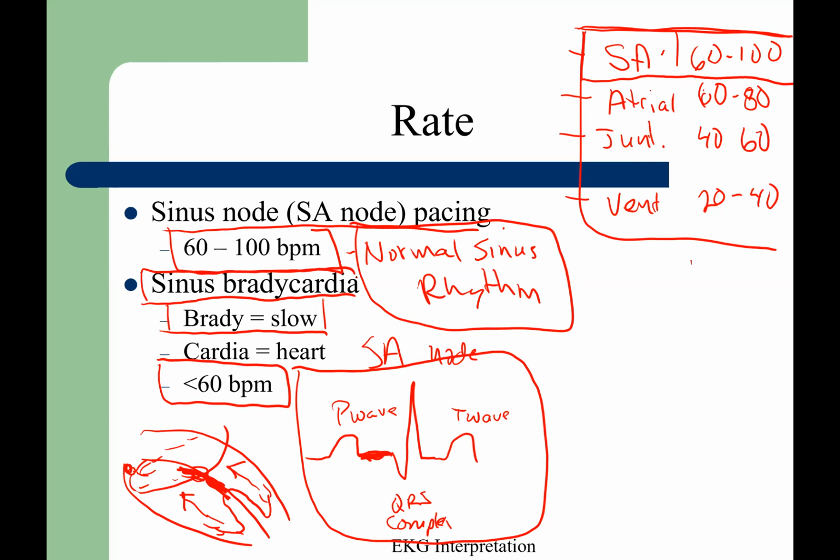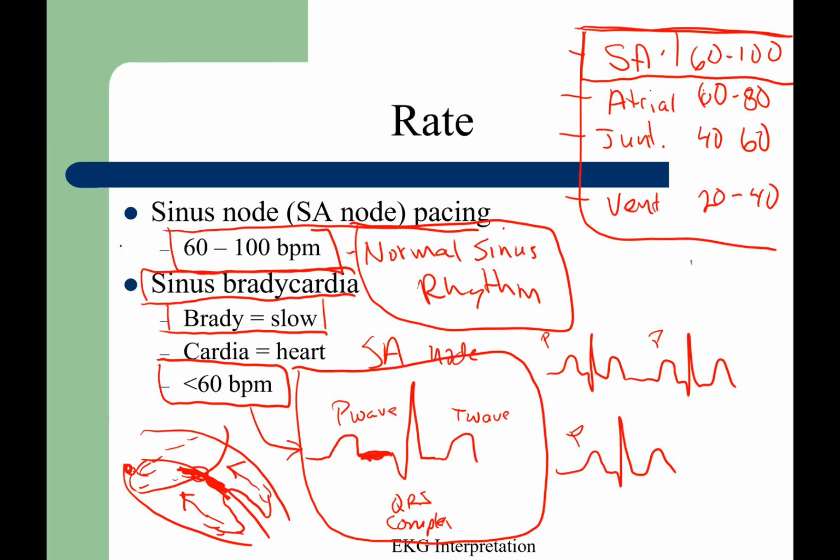However, in order for it to be sinus Brady, all of this must be true where we see a P wave, a QRS, and a T. It's really important that you understand that with every single heartbeat we come across, we should see a P, a QRS, a T, a P, a QRS, and a T. And all of those P waves should have the same or very similar shapes.